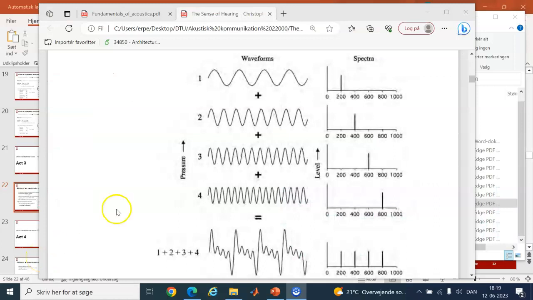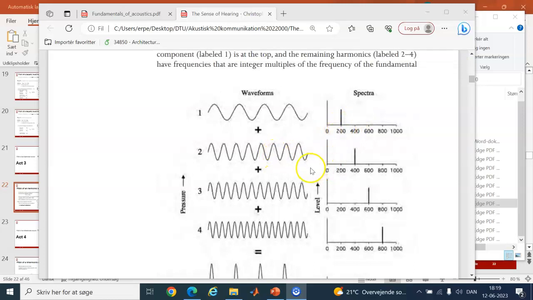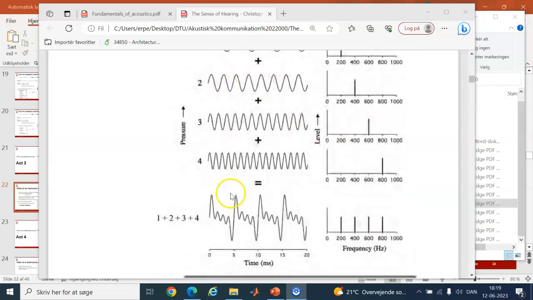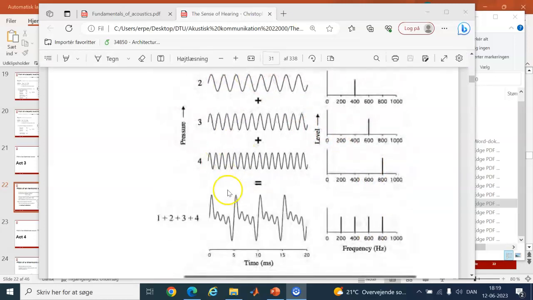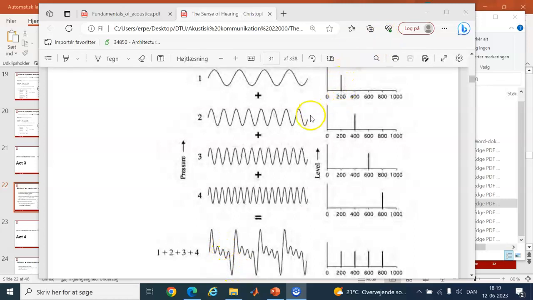We have some harmonics here: a waveform with a frequency of 200 Hz plus waves of 400 Hz, 600 Hz, 800 Hz. If you put them together, we get this waveform with a frequency of 200 Hz as a fundamental.